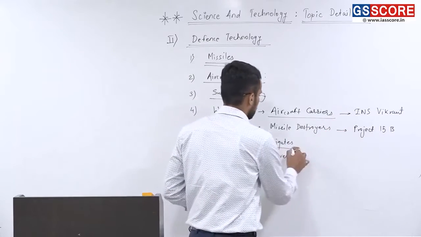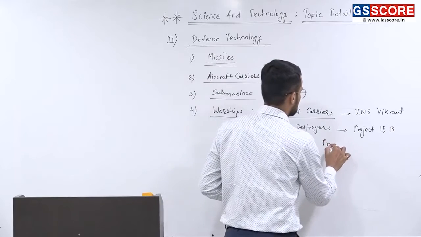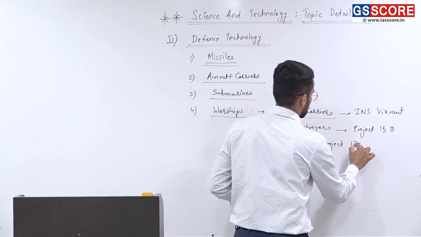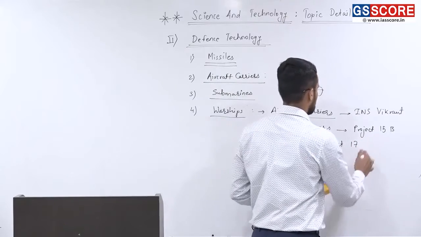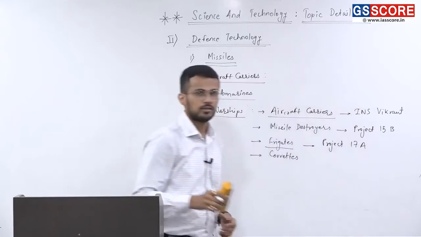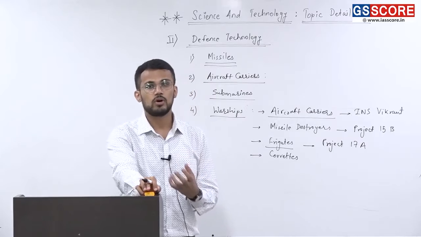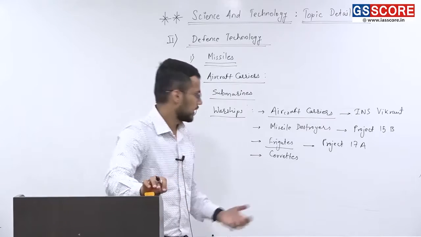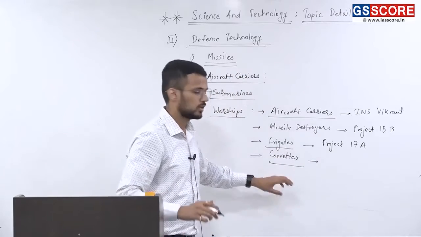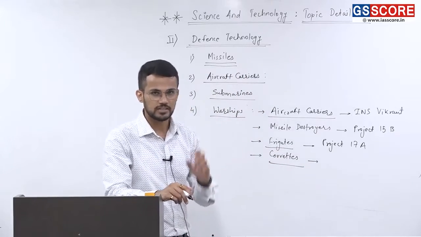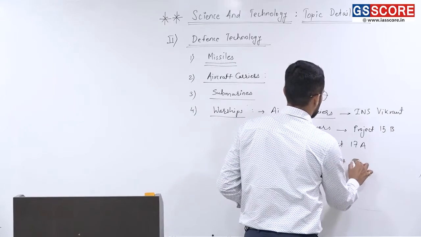Now for frigates, there is one more project, and it is project 17A. Under that, we are developing certain important frigates for our Indian Navy. And then we have a project for the development of corvettes, which has been completed in the recent past, and that was project 28.